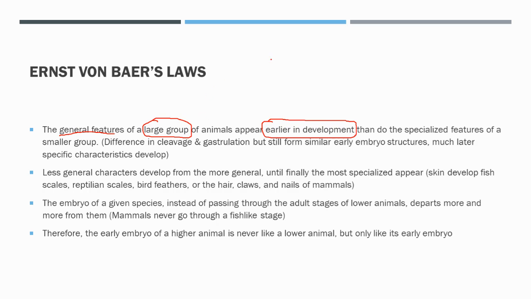So what is early embryo development? We see rapid development, that is cleavage. There may be different cleavage patterns, but we can find that cleavage would always occur in different organisms.